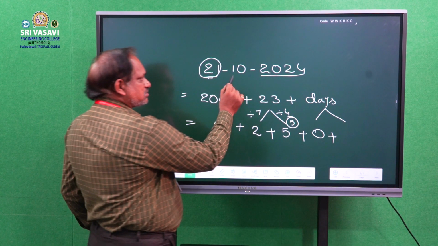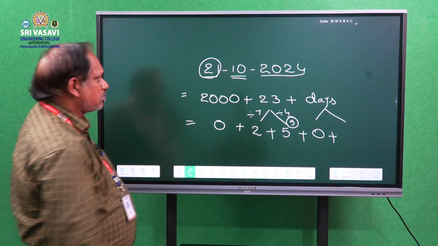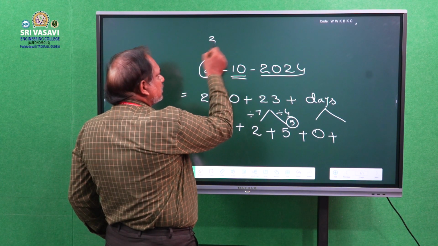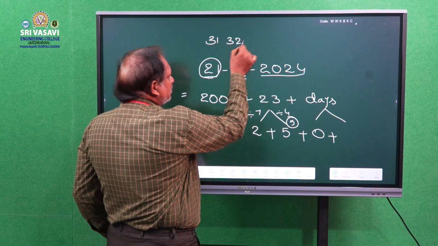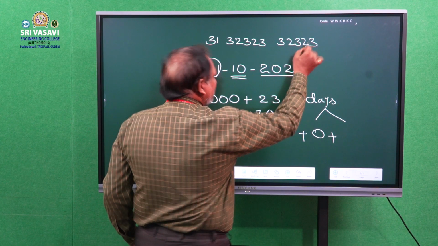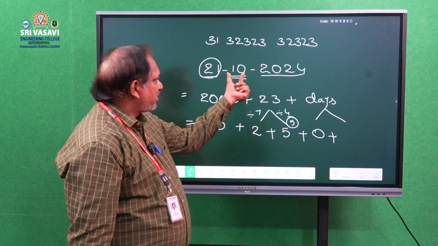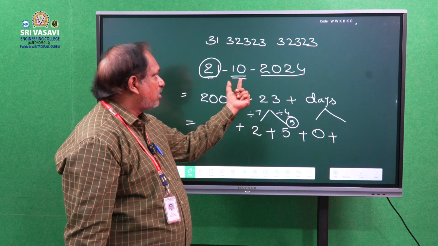And months, the number of odd days per month. So it is October. Generally I give that number as 3 2 3 2 3, 3 2 3 2 3. So these are the 12 months' odd days numbers. So how many months are completed here? There are 9 months completed, not 10.